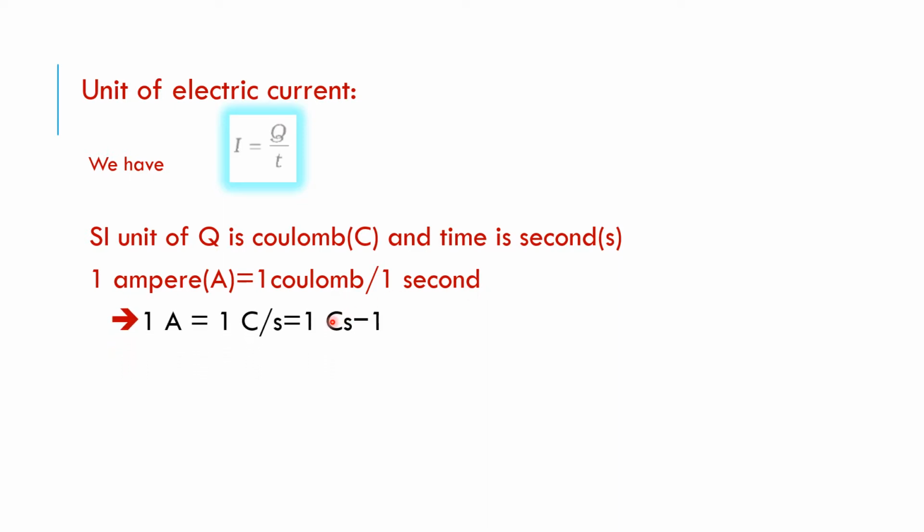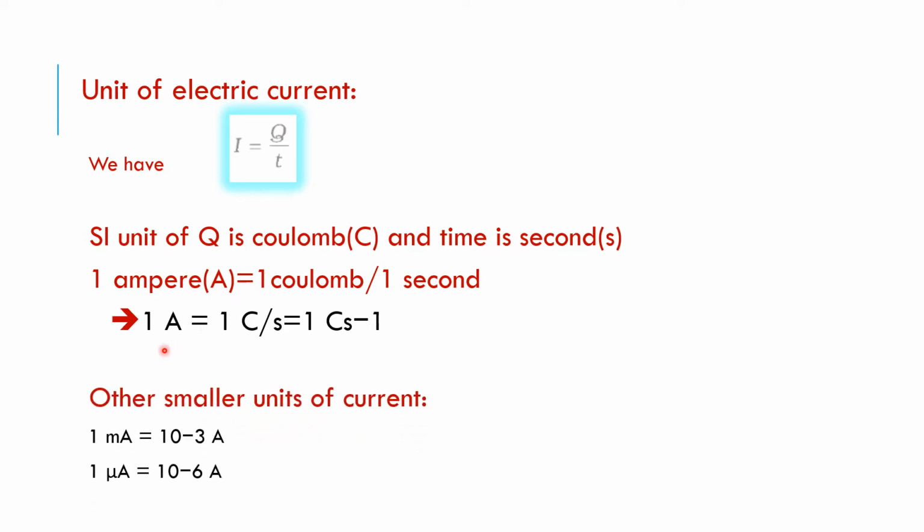Using notation, 1 A is equal to 1 coulomb per second, or 1 coulomb second to the power minus 1. This is how we write 1 ampere: 1 ampere is equal to 1 coulomb per second.